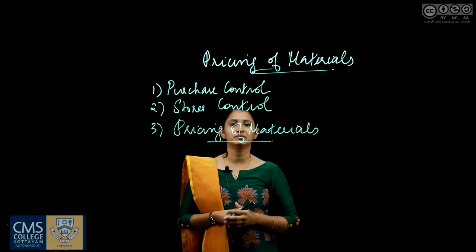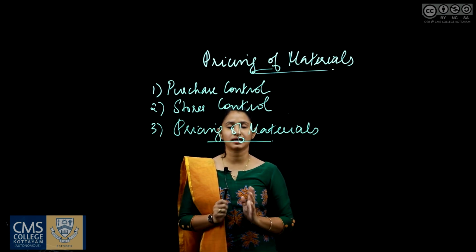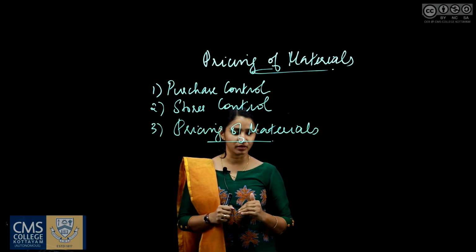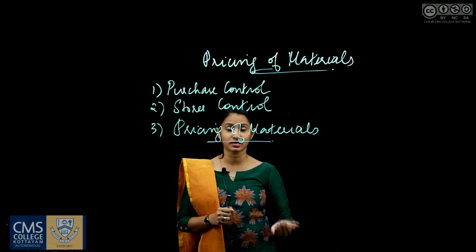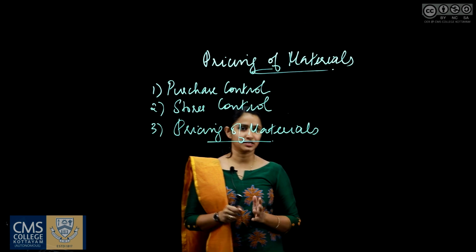Now what do you exactly mean by pricing of materials? When you listen to this class, you should think from the point of view of a costing clerk or a cost accountant, not from the point of view of a customer.